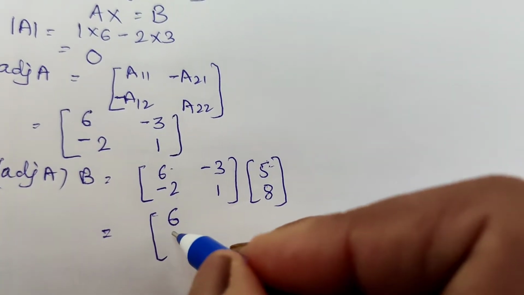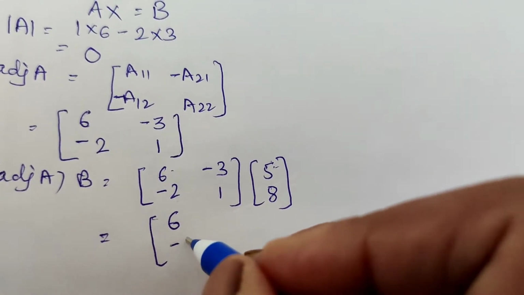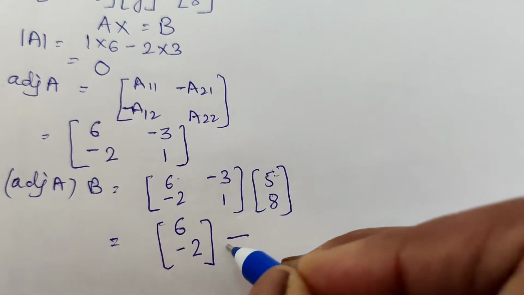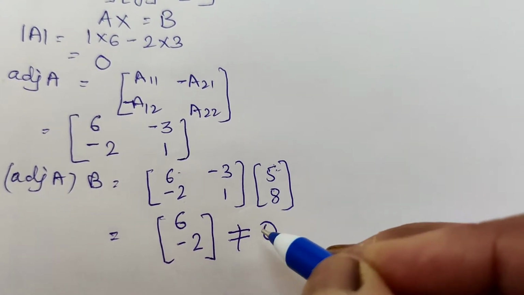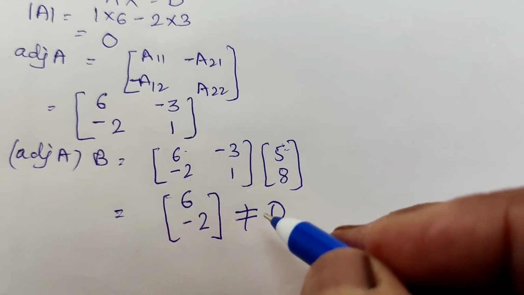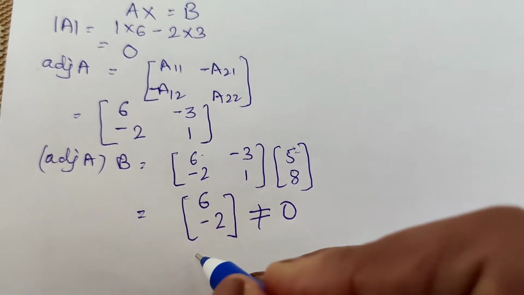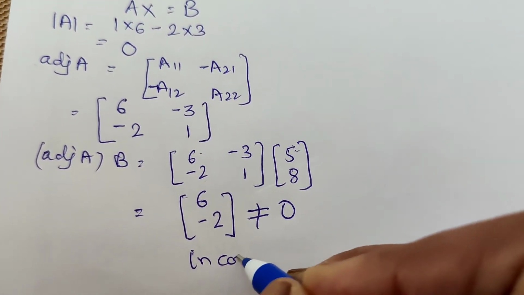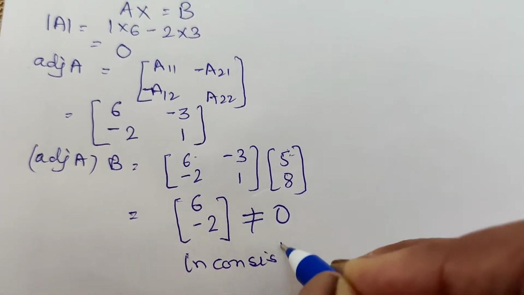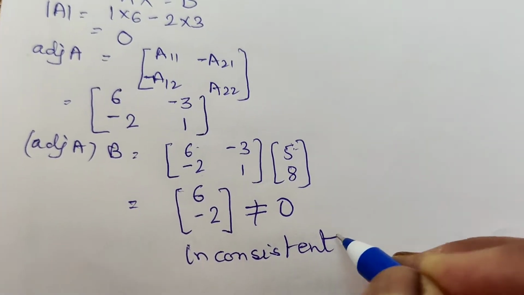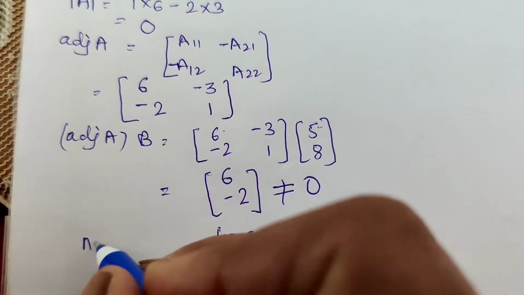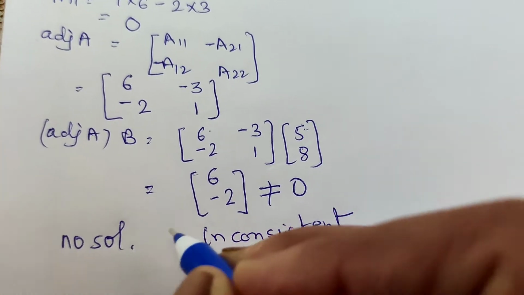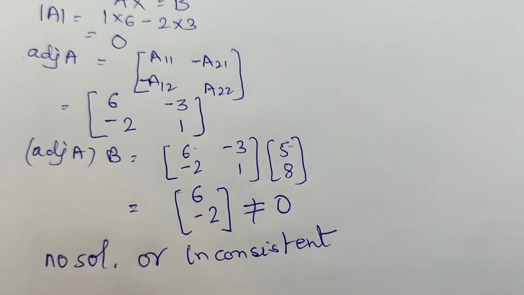Minus 10 plus 8, minus 2. It means this is not equal to 0. Not equal to 0, so the condition is inconsistent. No solution. The condition is for no solution or inconsistent.